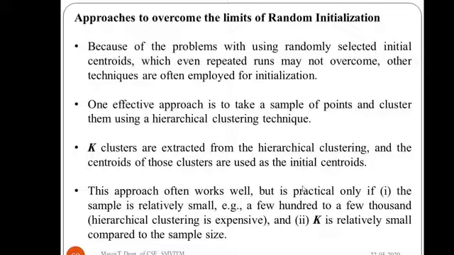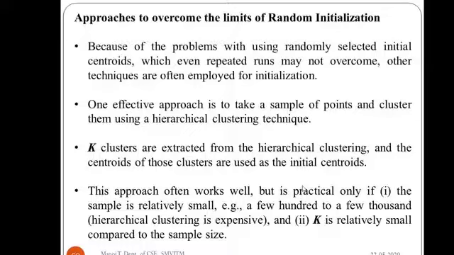So let us now see some of the approaches to overcome the limits of random initialization. Because of the problems with using randomly selected initial centroids, even repeated runs may not overcome them, which we have seen just now. Other techniques are often employed for initialization. One effective approach is to take a sample of points and cluster them using the hierarchical clustering technique.